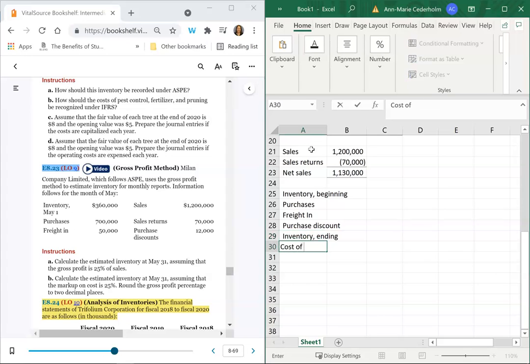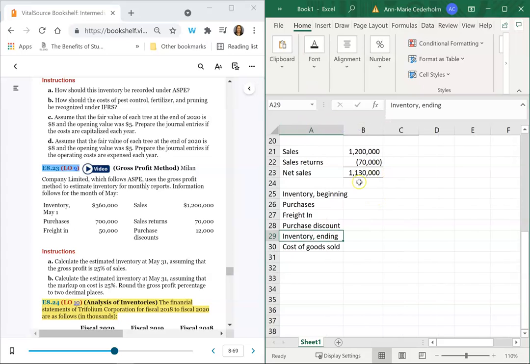Then that will give us cost of goods sold. So let's see which numbers they gave us here.